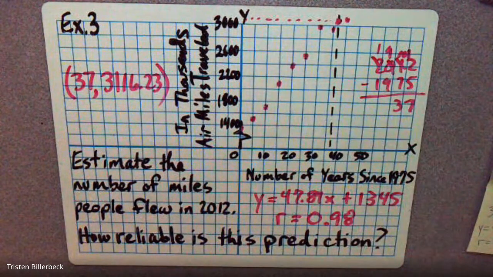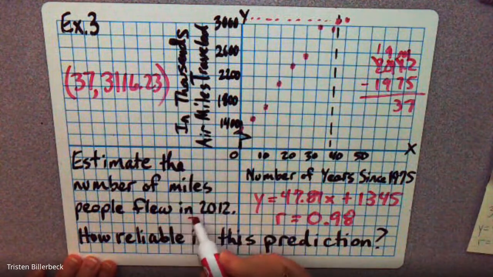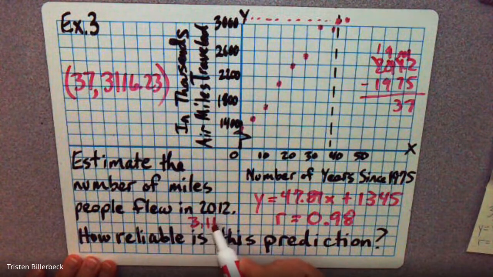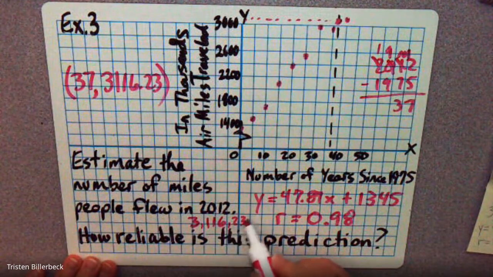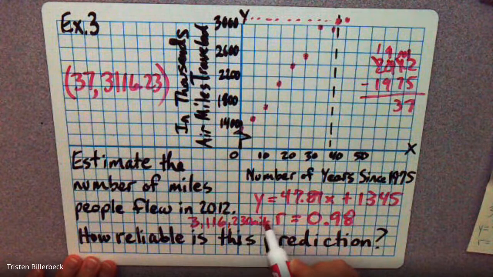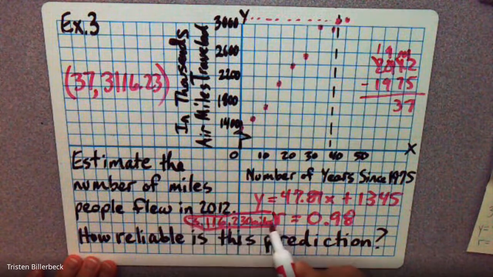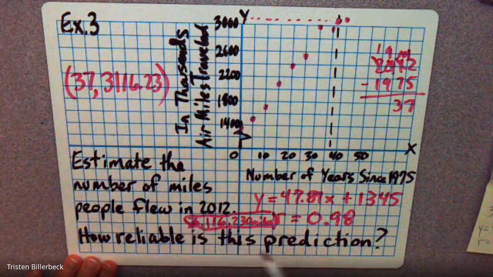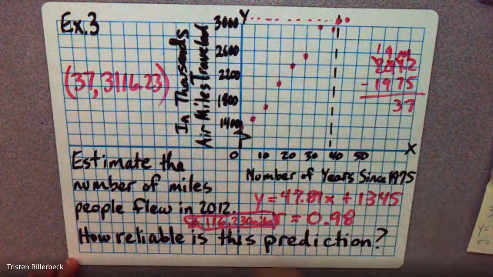So the actual number, though, because it's thousands, ended up being 3,116,230 miles. Okay, so please don't forget, you're going to multiply by 1,000.